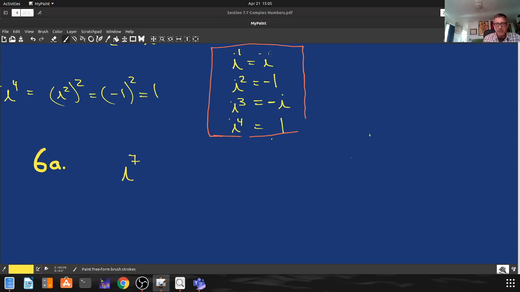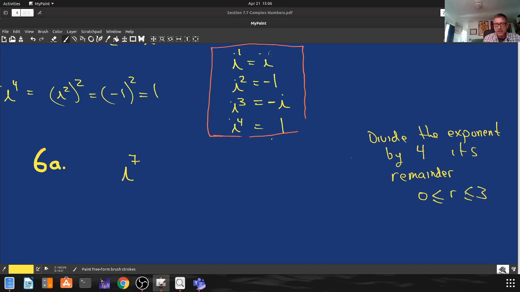So what we do is divide the exponent, in this case 7, by 4. Its remainder will be some number between 0 and 3.